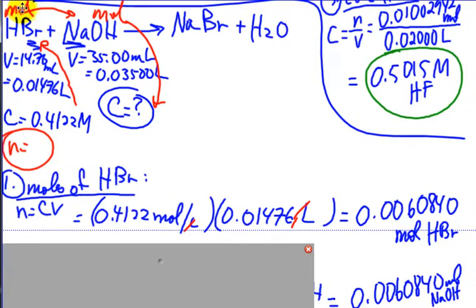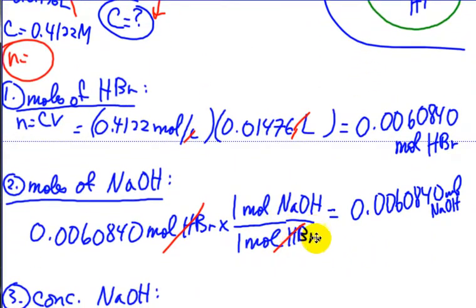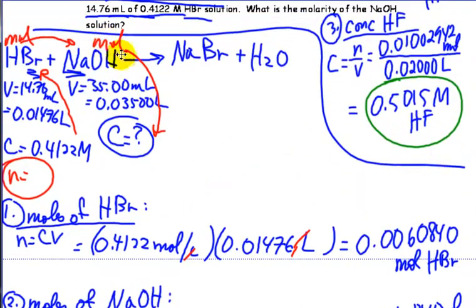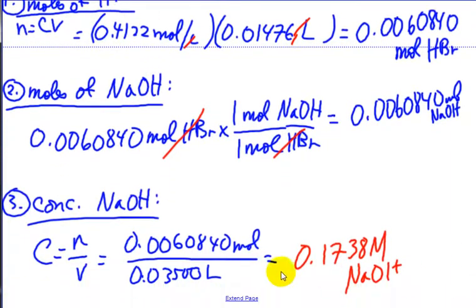Then go from moles of HBr to moles of NaOH. We get the same number, of course, because it's a 1-to-1 ratio. And then lastly, I know moles, so moles over volume in liters will give me C, the concentration. So moles over liters gives you the concentration of NaOH.